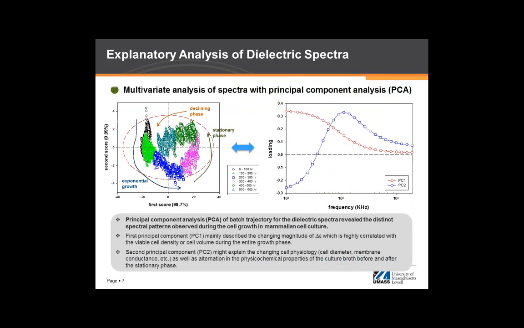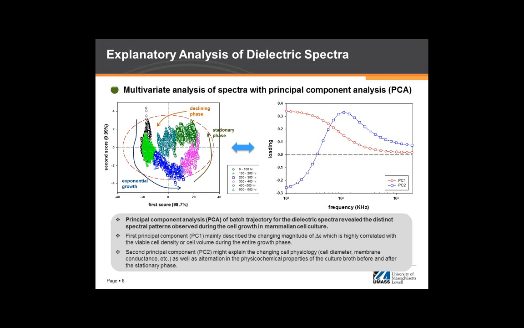So we thought we needed to investigate further how the capacitance values come about. Before we get into too much detail, we collected the full radial dielectric spectra over the cell growth cycle.